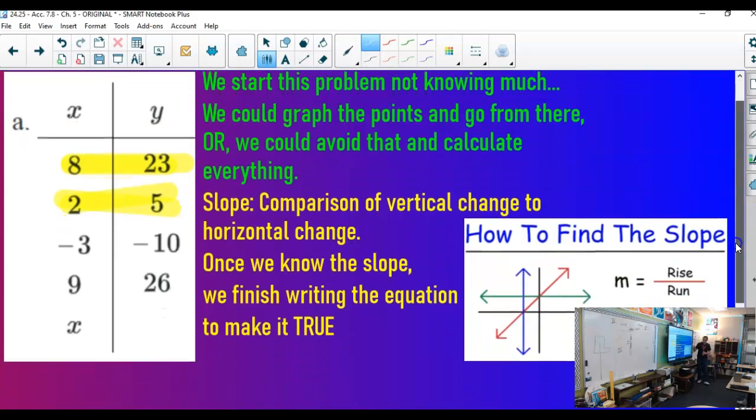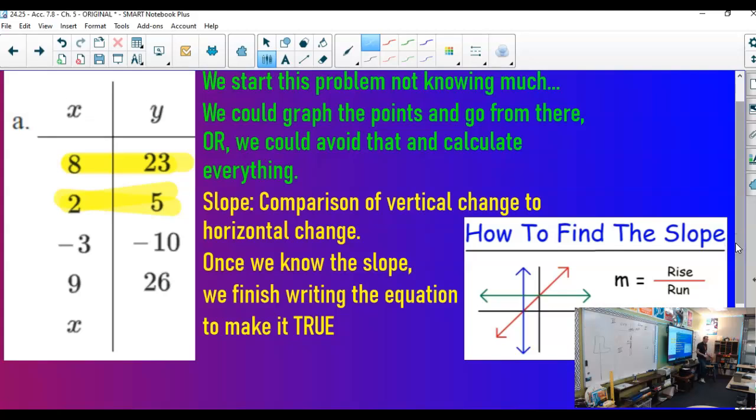Slope, we just talked about, rise over run. So if I'm trying to figure out my y equals mx plus b, I can figure out a piece of it if I just figure out the rise over the run. If I want to get bigger, so I have positive rise and run, I'm going to go from 2 to 8. What is my rise there?